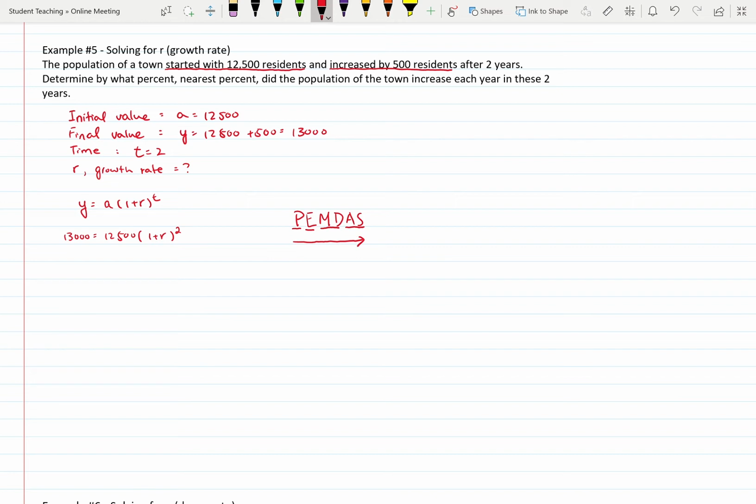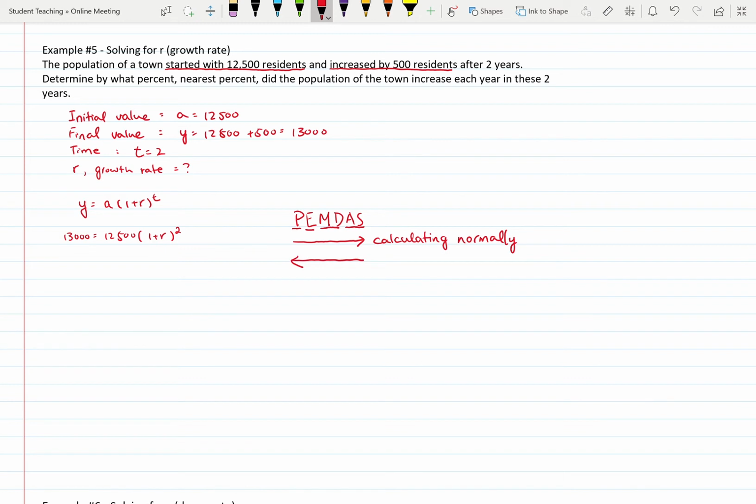Okay? Calculating normally means that you work with whatever number is inside the parentheses first, then deal with the exponents, then multiplication and division, and then go on to addition and subtraction. When you are solving for a variable, or isolating a variable, this order gets changed.